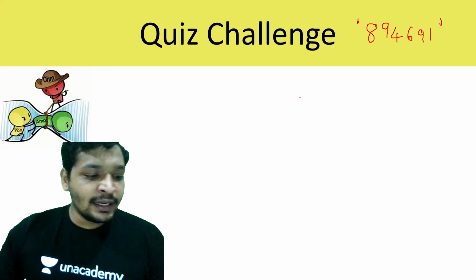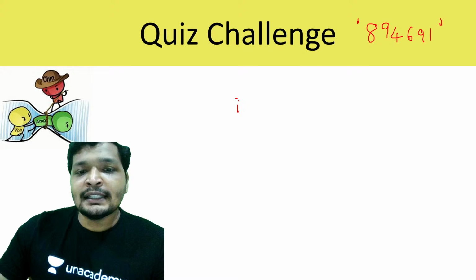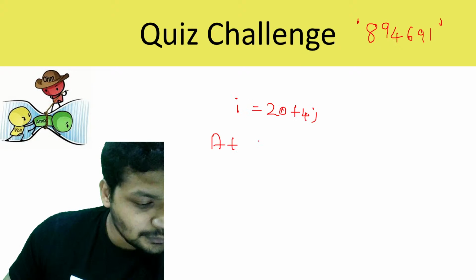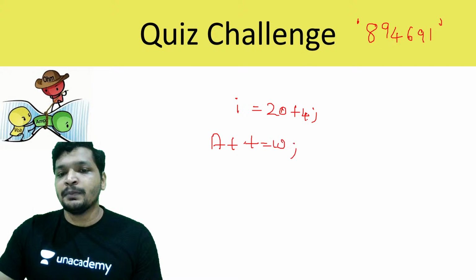Okay, what is given? Given is I is 20 plus 40t, and what did they ask you? At t is equal to 10, the instantaneous charge. They haven't said how much charge is passed in the total time. At time t is equal to 10, how much charge is passing through it.